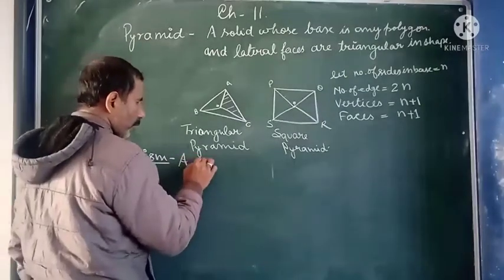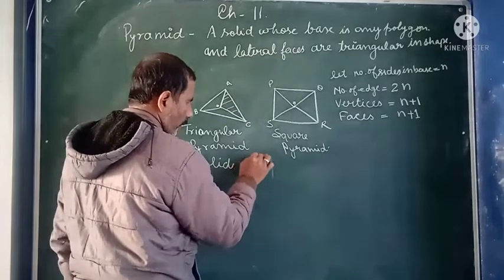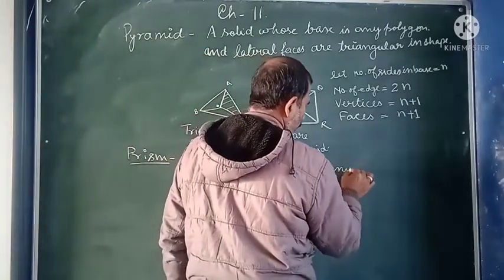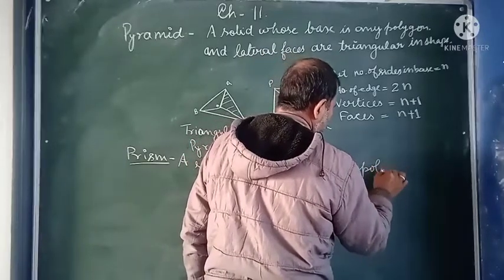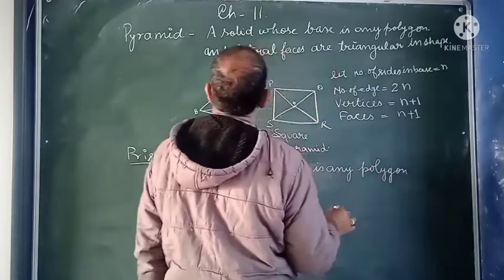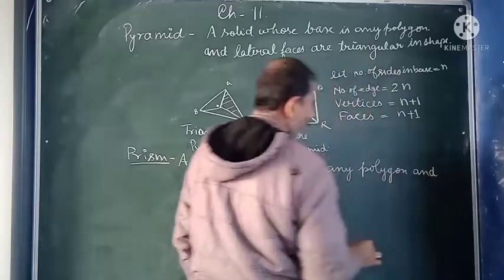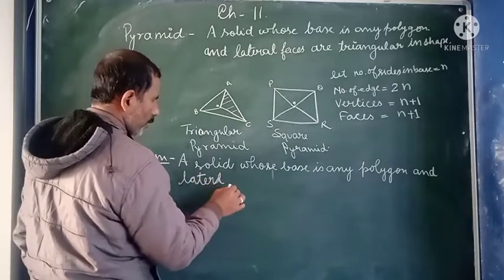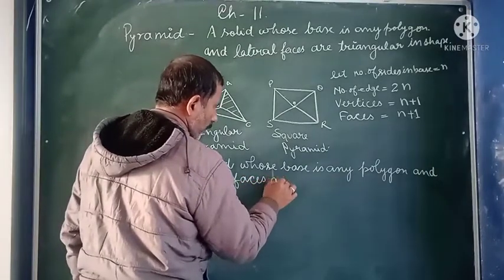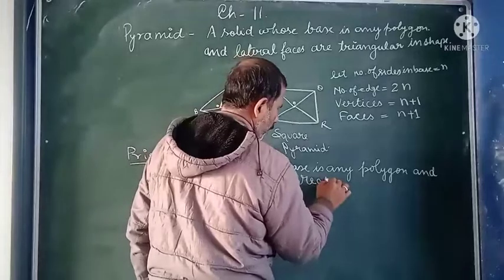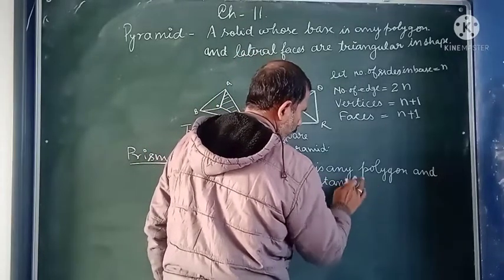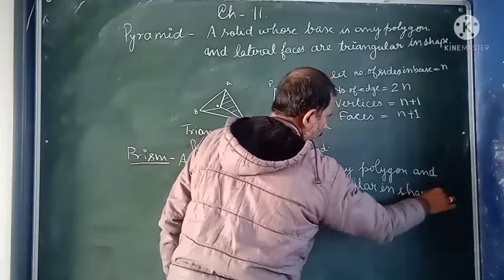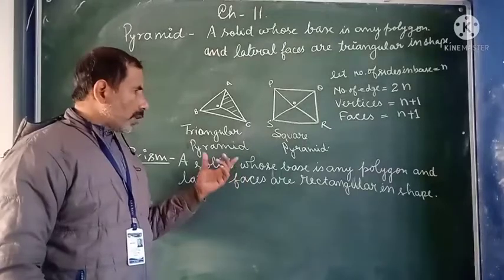So you can write the definition: a solid whose base is any polygon and lateral faces are rectangular in shape.